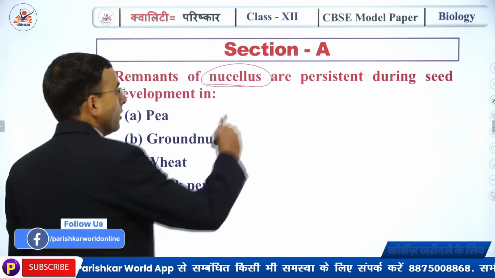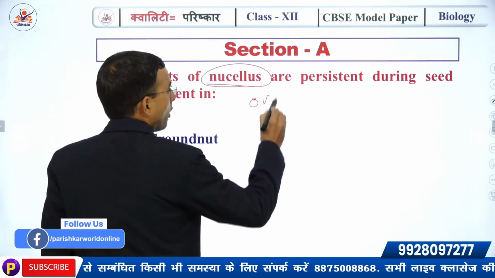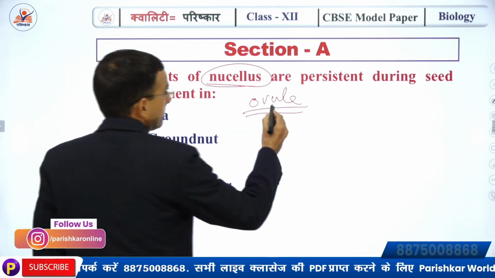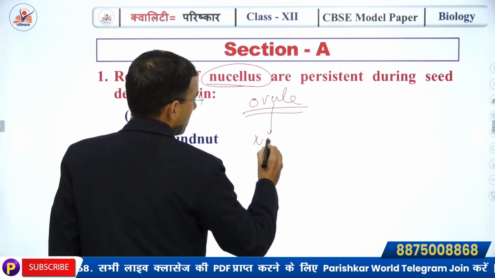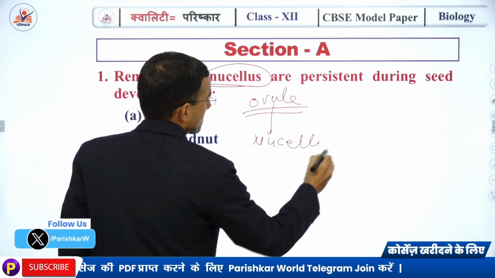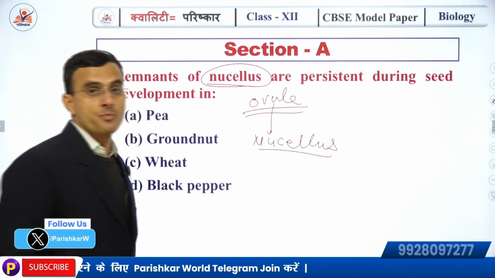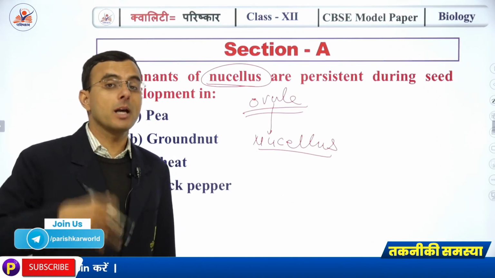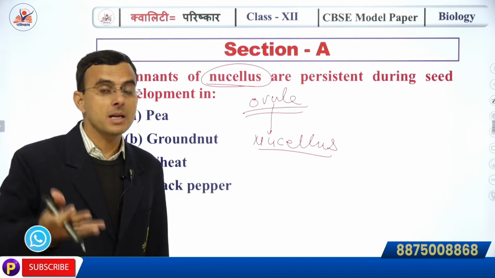If we discuss the ovule, in that ovule we find that nucellus is present, and that nucellus is the structure in which the female megaspore is developed, and that megaspore later on converts into a female gametophyte.